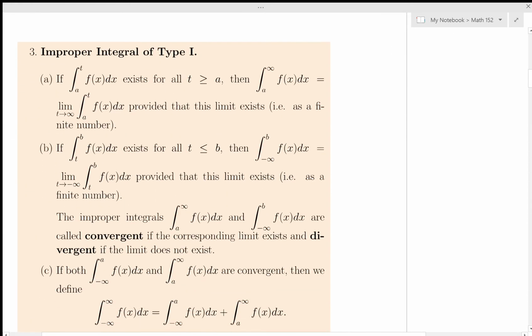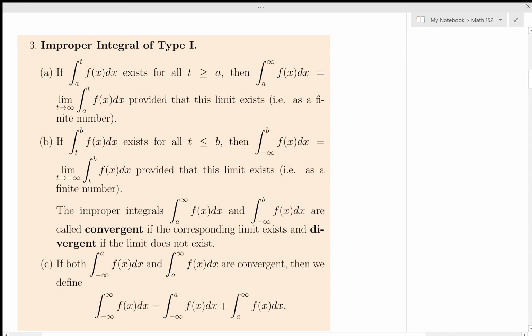If we have an integral, and carefully note the limits of integration here, going from a to t, and it exists for all t bigger than a, then we say that the integral from a to infinity is the limit of this integral as t gets arbitrarily large, provided the limit exists. If the limit exists, then we say the integral exists, and we can assign it a number.